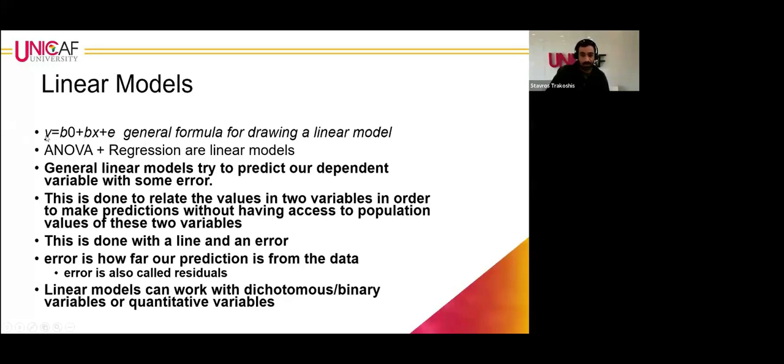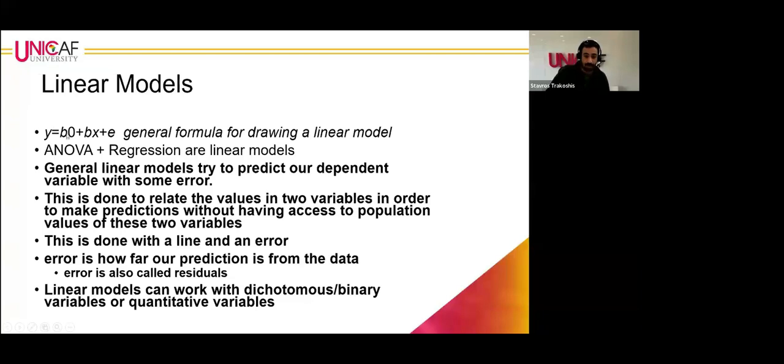And the general equation behind the linear model is this one. I have one variable, which is the dependent variable, the thing that I'm measuring, and I want to describe it with these terms here. These two terms are the general formula for drawing a straight line.